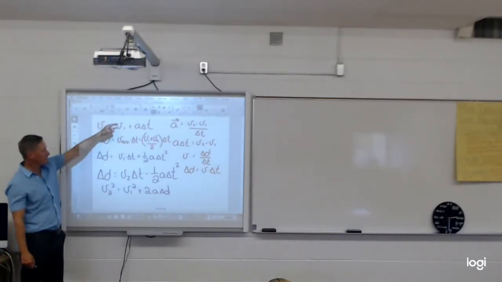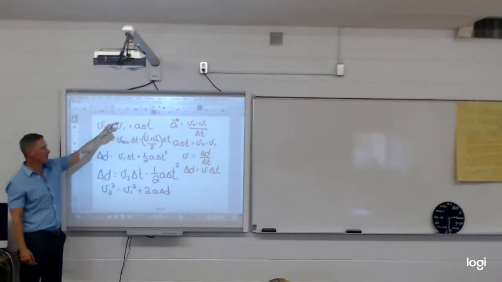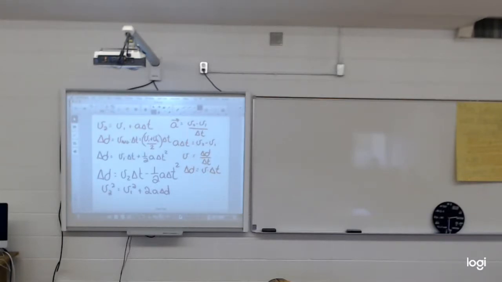Now, if you look at the 5 here, this one is distinctly different from the other 4. How come? What is the glaring difference between the bottom one and the other 4? It's not really glaring.